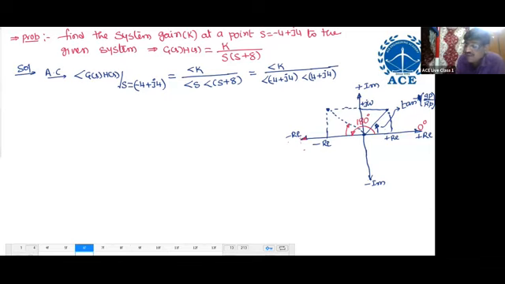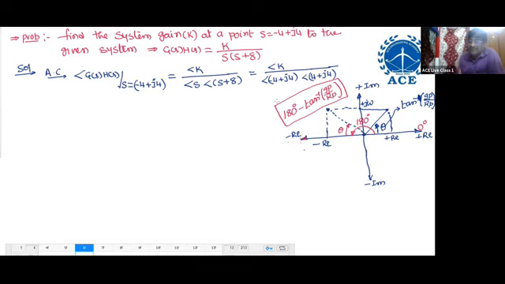So the angle is 180 minus theta, where theta is tan inverse of imaginary part by real part. If the point lies in the second quadrant, the angle is 180 minus tan inverse of imaginary part by real part.